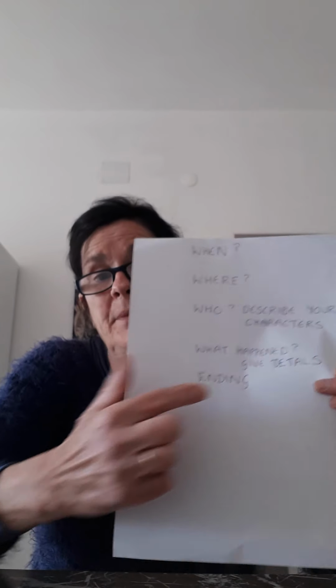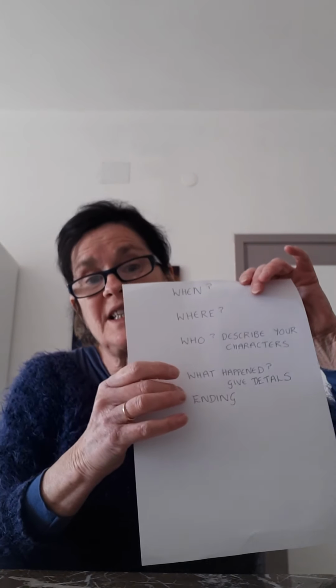What happened? In my case, I saw a strange object. I pulled it out. I wondered what it was, and then I realised it was an object for water. What is the ending?